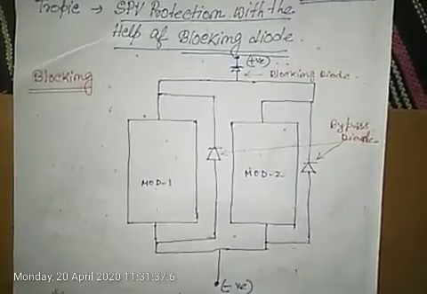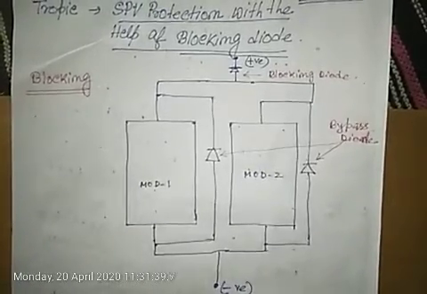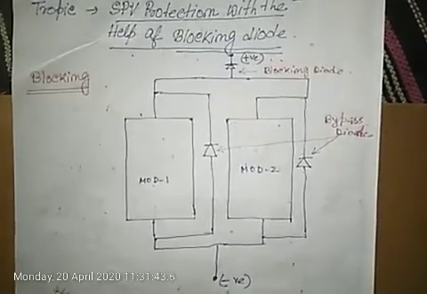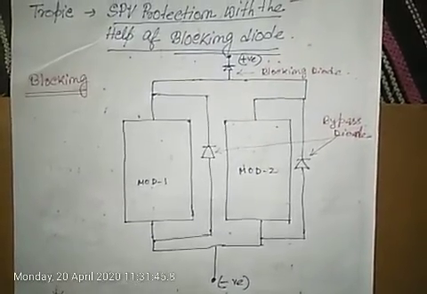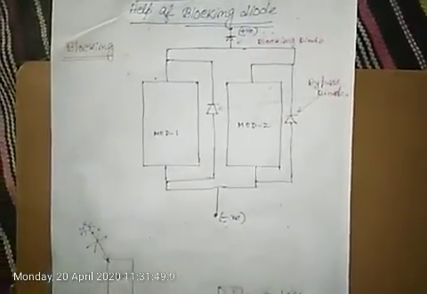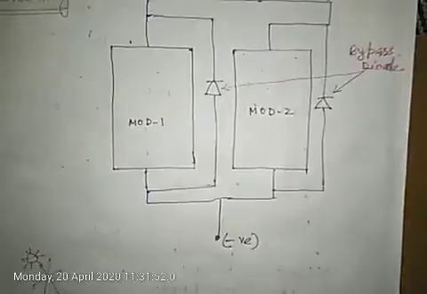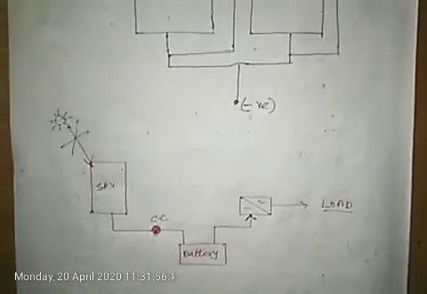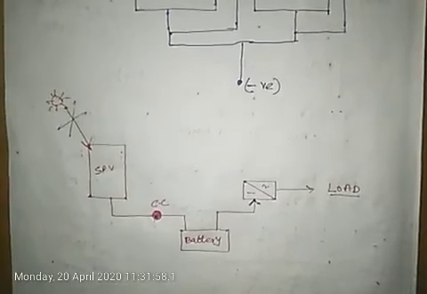To protect the battery from discharging, from unnecessary flow across the PV module, we can use the blocking diode mechanism in this field.